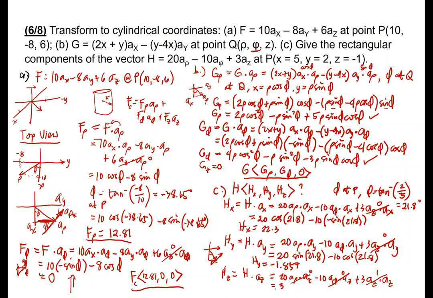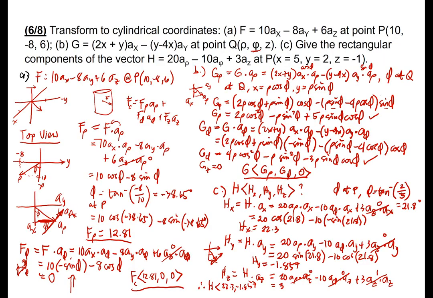So our final answer for problem C is h with the vector 22.3, negative 1.857, and 3.